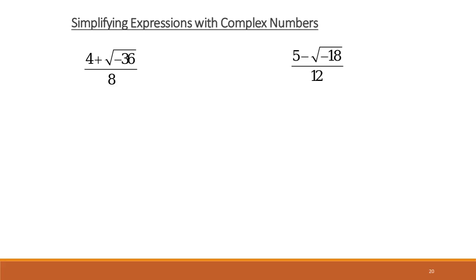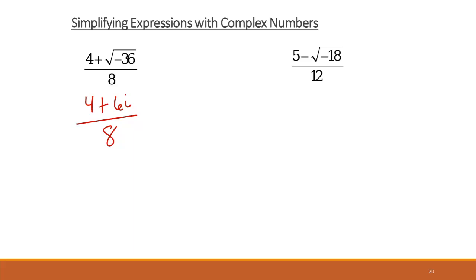If we take a look here, this is all about taking care of that negative on the inside and then simplifying as well as we can. We know the square root of 36 is 6. So we would get 4 plus 6i over 8 to take care of the negative. Then we want to reduce if we can.